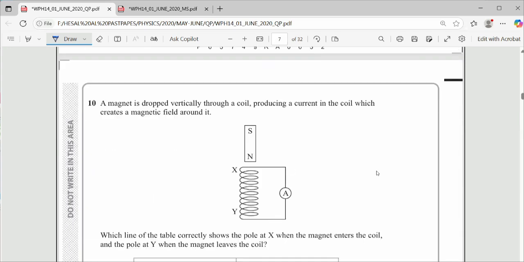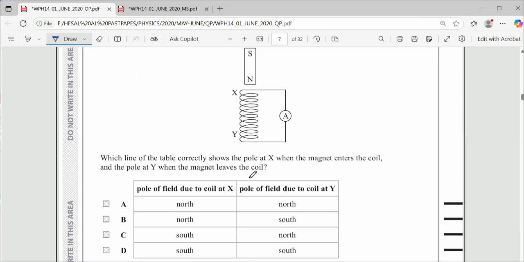A magnet is dropped vertically through a coil, producing a current in the coil, which creates a magnetic field around it. Which line of the table correctly shows the pole at X here? When the magnet enters, which pole enters? It's the North Pole entering.